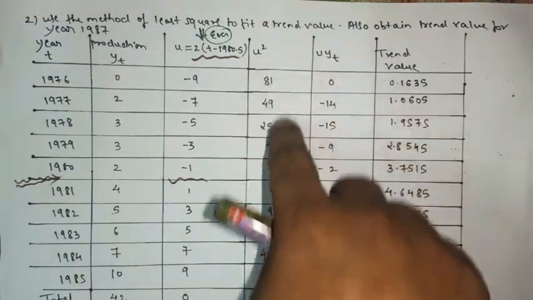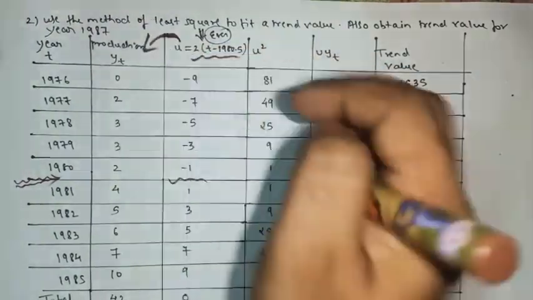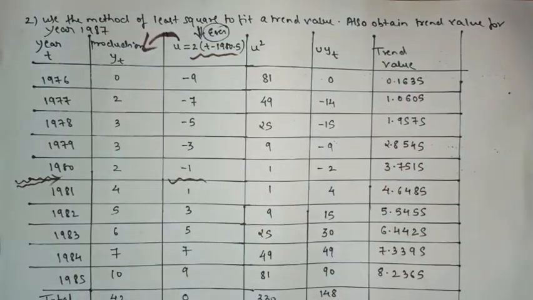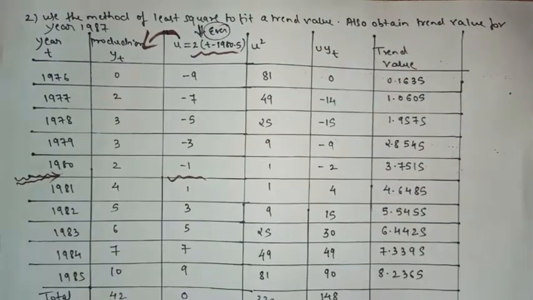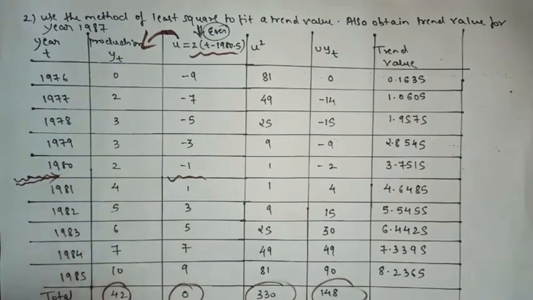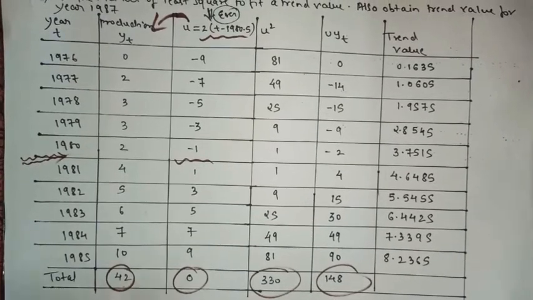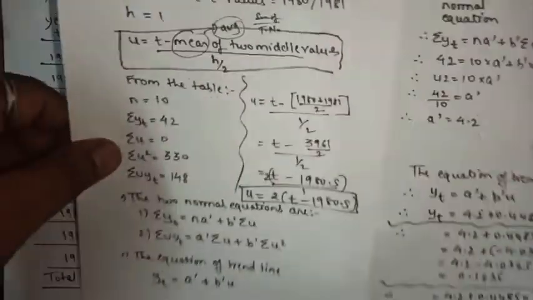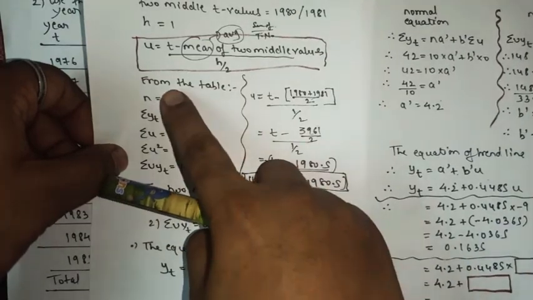After that you will find u square, then multiply this part, and then we all know how to find the trend value. So now you will get the total of yt, total of u, total of u square, and total of u yt. After that, write all the values from the table.